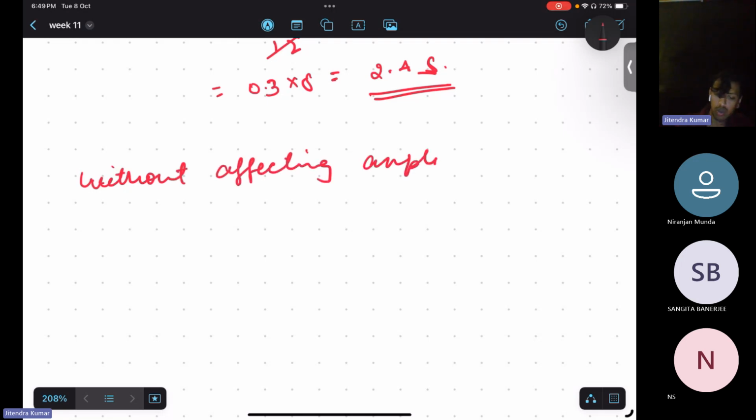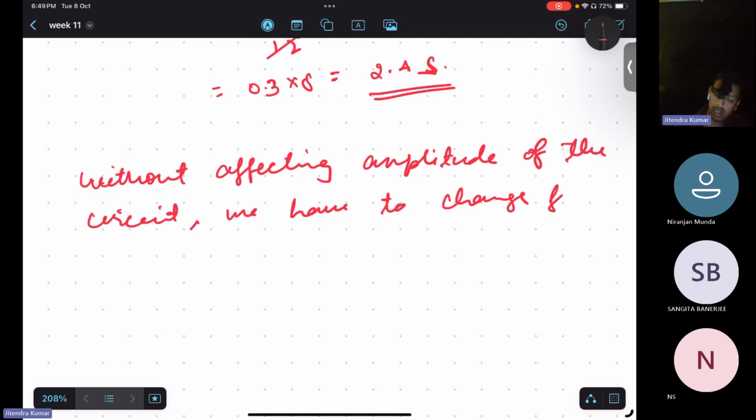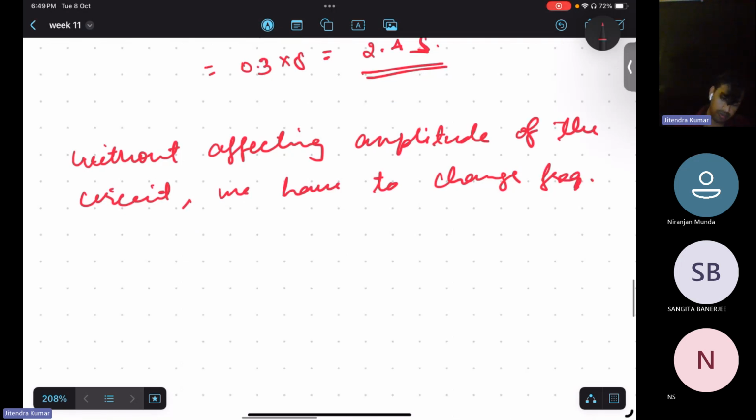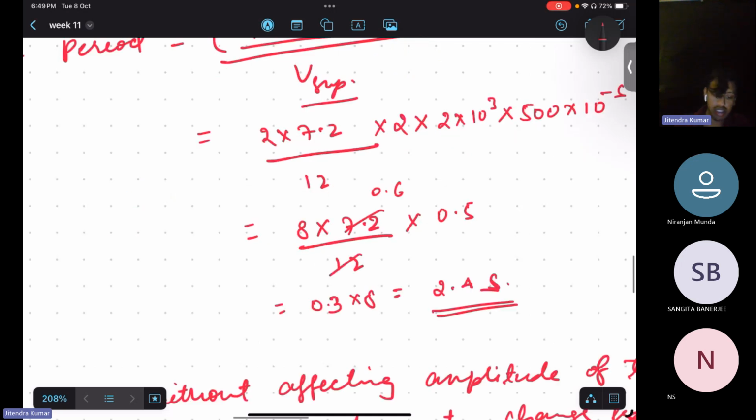Without affecting the amplitude of the circuit, we have to change the frequency. Which parameter can we change? Resistance. Which one? We have 3 resistances in this circuit.